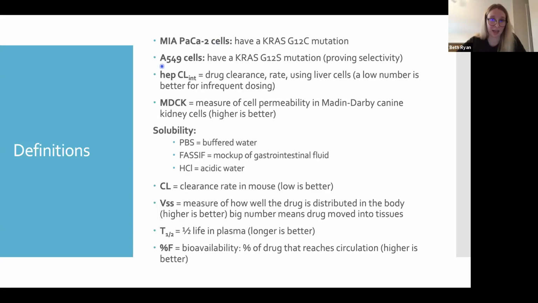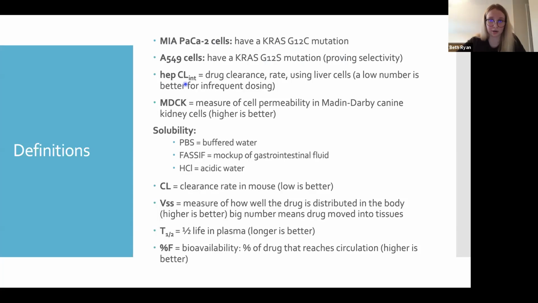And then they're using A549 cells, which have a KRAS G12S mutation. So this will prove selectivity. If they target G12C more than they target G12S and inhibit its function more than this function, then you can prove that the compound is selective for this particular mutant only. So that's just good to cover that base.